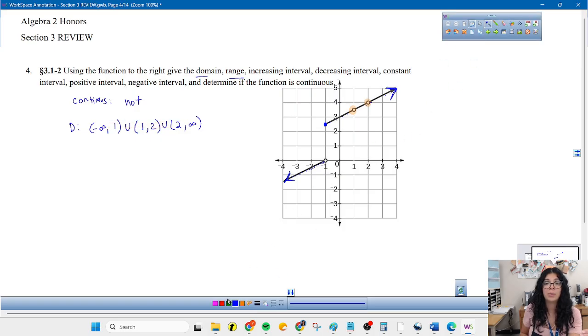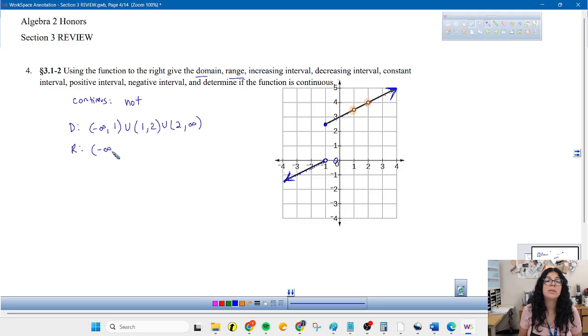Next, let's go ahead and do the range. So for the range, we want to look at the y values, okay? Now, looking at the points, the y value of the points, all these points here at the bottom have y values all the way from, the bottom is going to be, if I continue the graph, there's going to be a bunch of points there, negative infinity till the y value of 0. And it is an open circle at that 0.